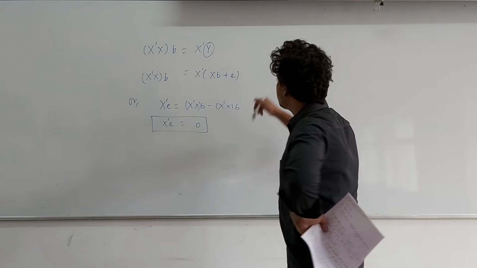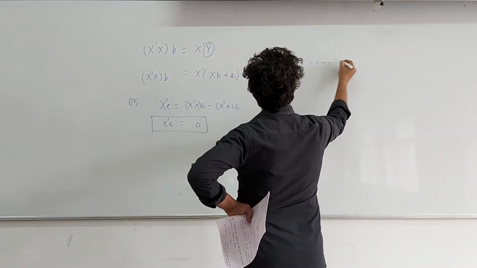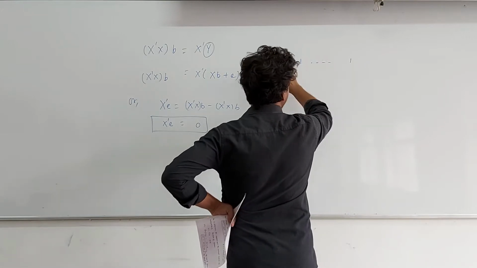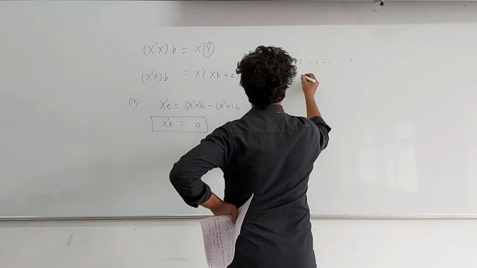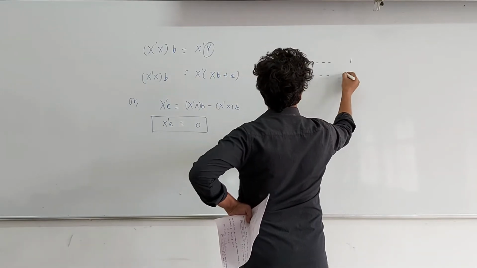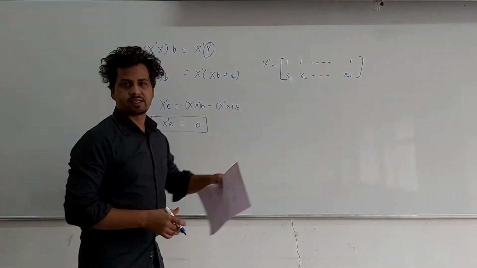So X transpose can be written as 1, 1, 1, the column of ones that gets transposed into a row of ones, then the first observation on X, second observation on X, so on till the nth observation on X, right? So this is my X transpose.